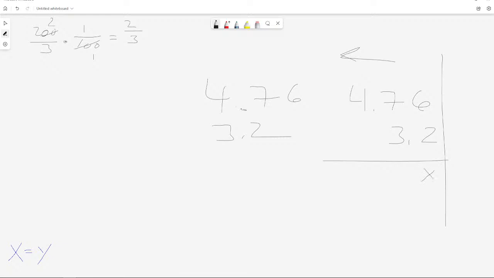And then when you get the answer, count how many numbers are to the right of the decimal. In this case, we have 3. 1, 2, 3. That's where you place your decimal point.